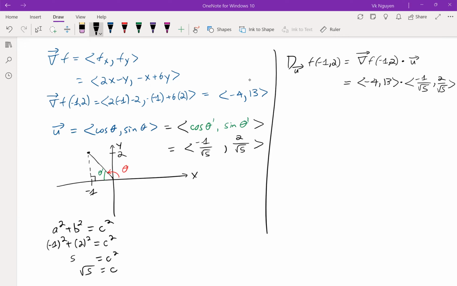And what do we have? We have 4 over root 5 plus 26 over root 5, and that will give us 30 over root 5. Just right on time.